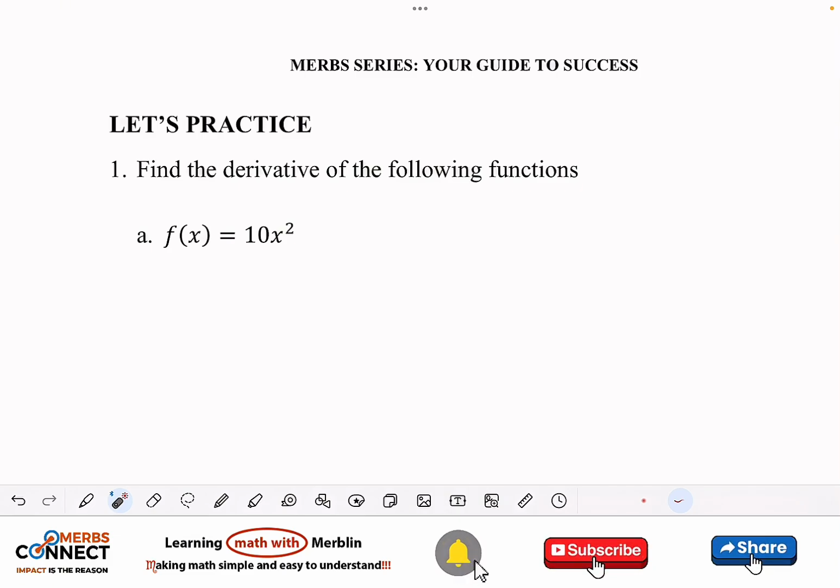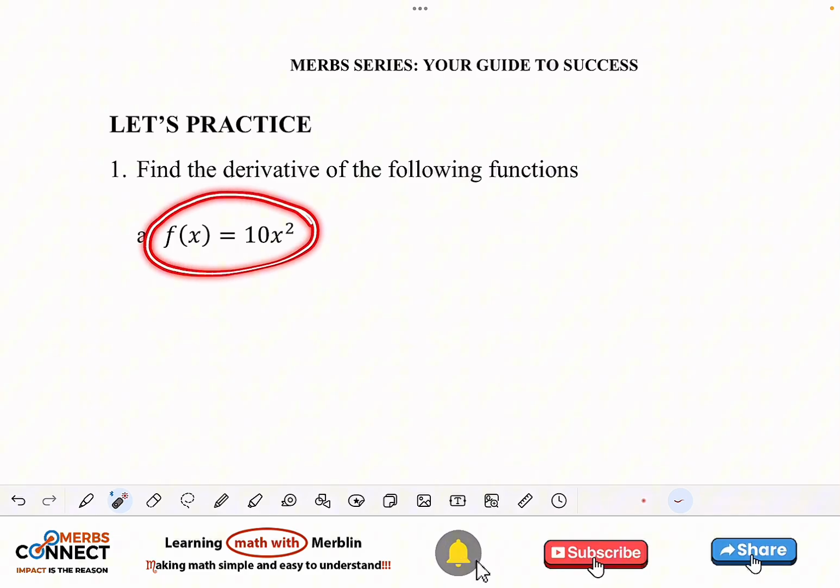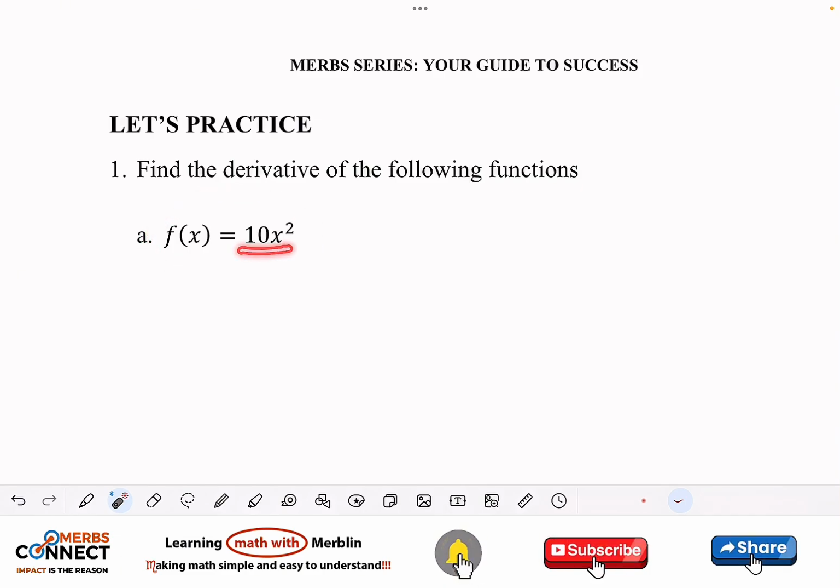Now, because I'm teaching you how to do derivatives, I'll take my time. So stay here with me. Now, the first thing that I need to ask myself is, we can see that this is the rule, right? This is the general rule. Which rule is that? This is the constant multiple rule, which says that if I want to differentiate this, I need to maintain the 10 now and differentiate what is here.